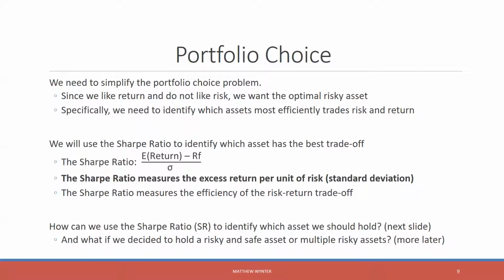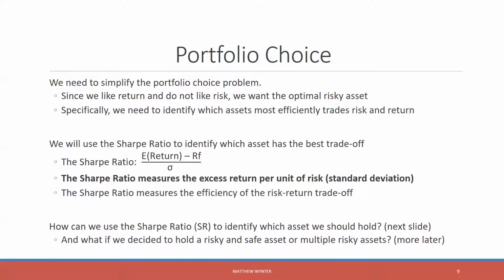In the numerator of the Sharpe ratio, we have the excess return for the asset, so the return for the asset minus the risk-free rate. In the denominator, we have the standard deviation, the volatility, which is, again, the way that we're thinking about risk. So what is that telling me? That's telling me per unit of risk, what's the excess return?